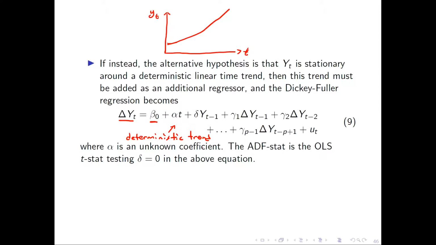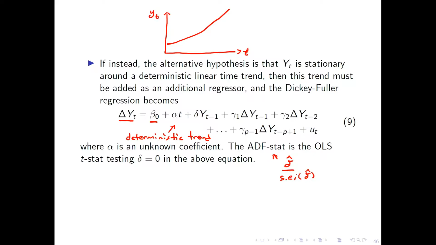So the augmented Dickey-Fuller t-stat is just the delta hat divided by the standard error of the delta hat.